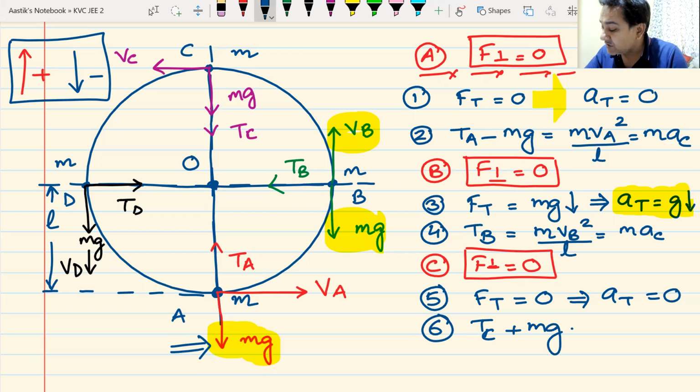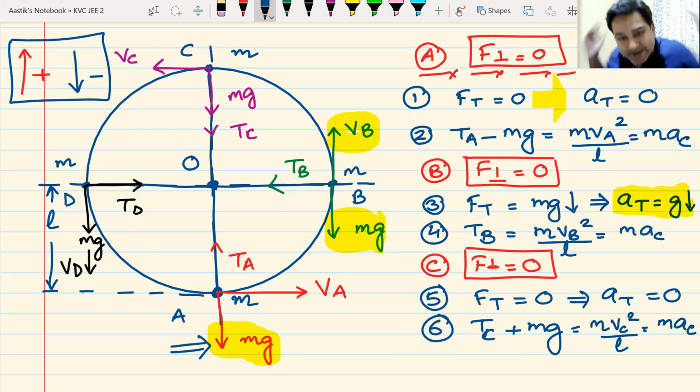TC plus mg should equate m into VC square by L, and that will be equal to m into AC, the centripetal acceleration at point C, which you can see has again changed its magnitude as well as its direction. Are we all in unison here? We all understand this, right? Yes or no? Yes, sir. Great, well done.